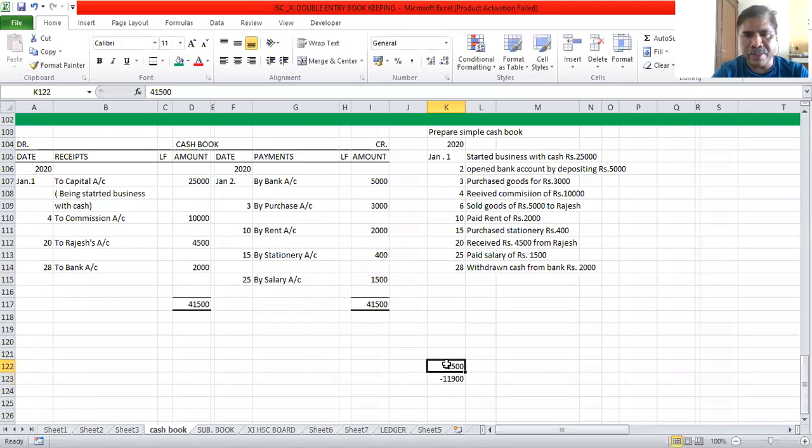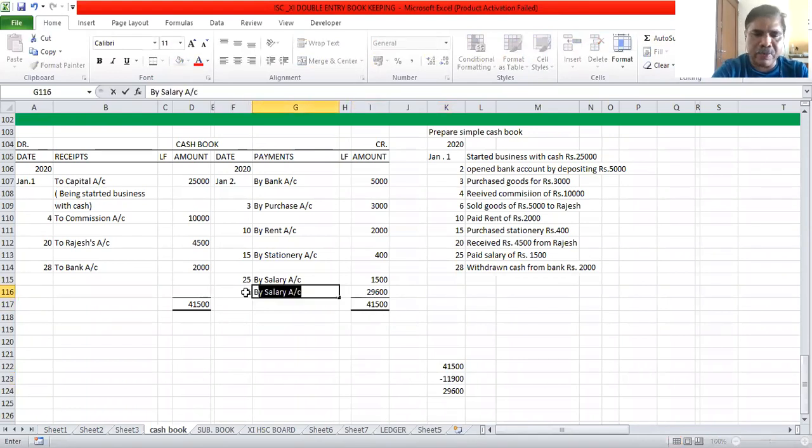Find out the difference. How much does it come? 29,600. That is the end of the month, January 31st. Same like a ledger, how you write the balance: by balance carry down.